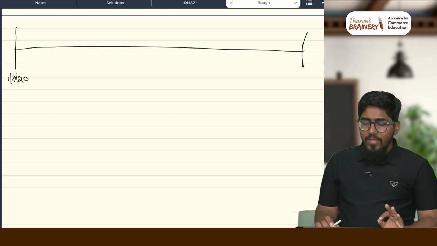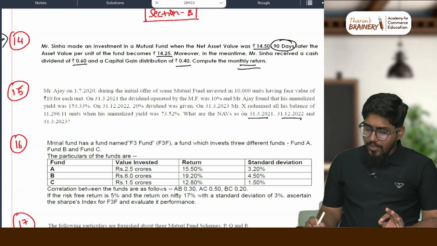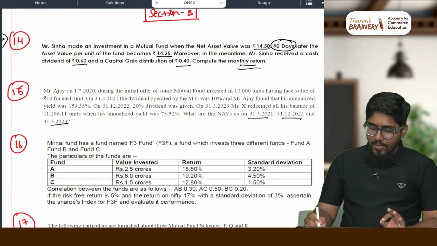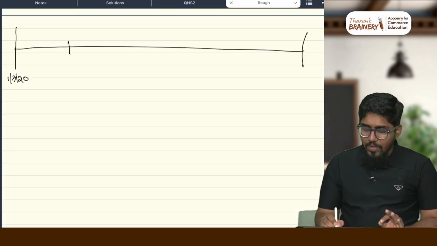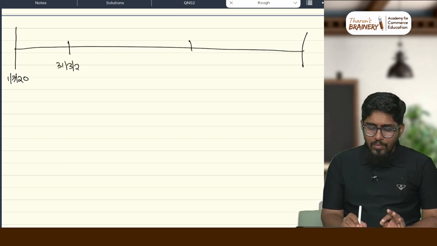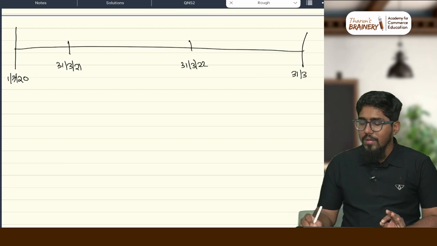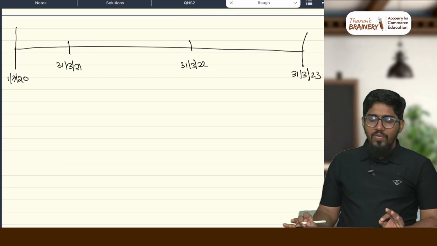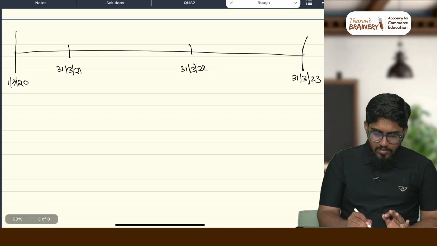You want to find out the NAV as on 31/3/21, 31/3/22 and then 31/3/23. You want to find out the NAV for these years.